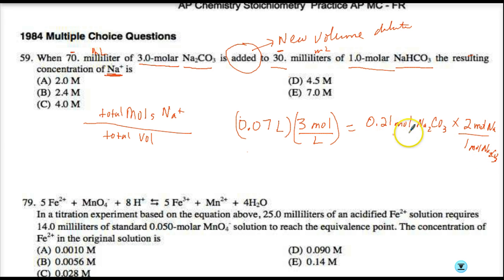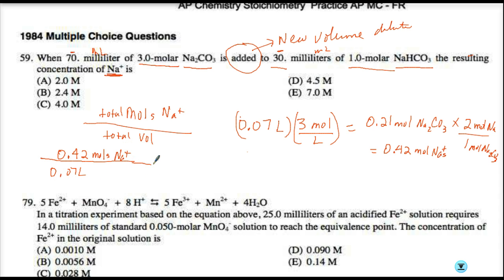So I have a total of 0.42 moles of sodium ions that I'm adding from this. So from this solution, I have 0.42 moles of Na+. And how much was that? 70 milliliters or 0.07 liters.